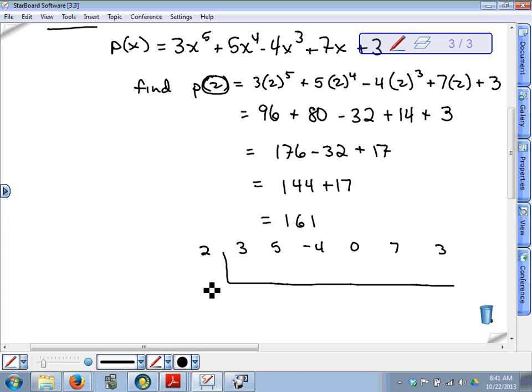So we are going to synthetically divide using a positive 2, not a negative 2. Now if you perform the algorithm here, let's see, 158, I think.